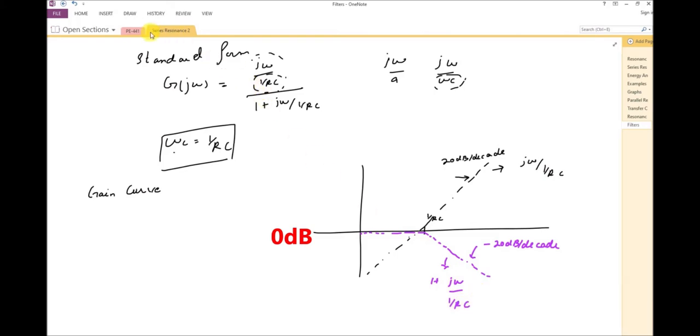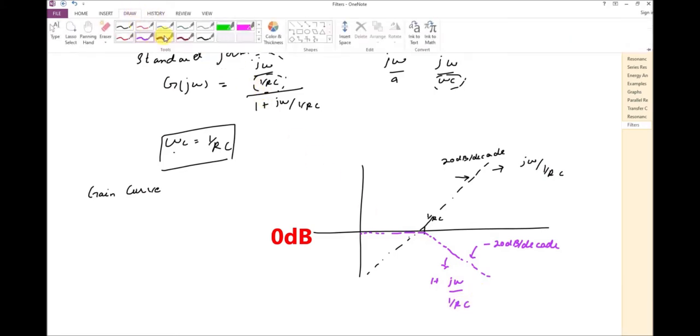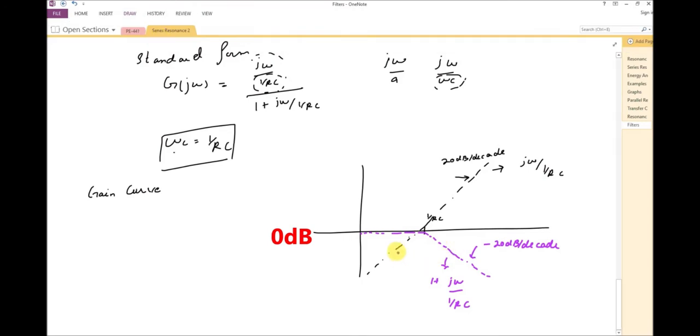So now if I have to draw the composite, that will be following the simple zero till 1 by RC. Before omega C or before 1 by RC, the simple pole value is 0, so it will just be following the zero at origin curve, and after that it is plus 20 dB and this is minus 20 dB, so it will become 0 dB. So after 1 by RC, it will be a straight line.